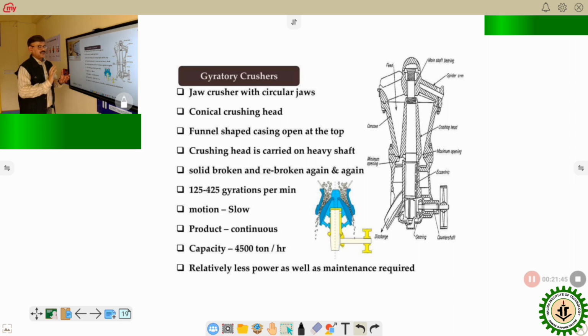Friction is generated when the material tries to pass through this gap. By the action of the gyratory head, the material is further crushed, and the crushed material comes out from this gap.